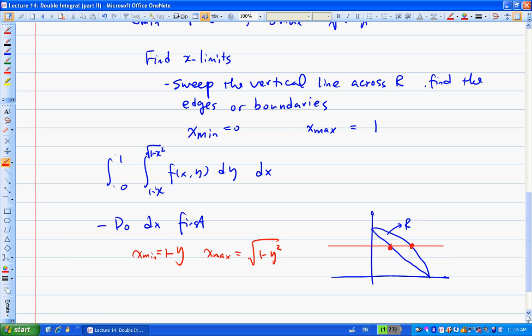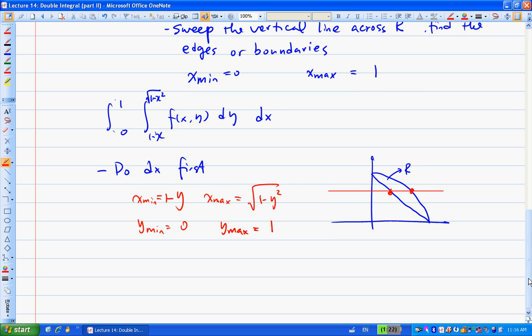And then for y min, you sweep this line across this whole region and find the boundaries to sandwich this region R. So y min will be 0, y max will be 1. So clear? Okay, good. Basically just follow the steps, and you should be fine.